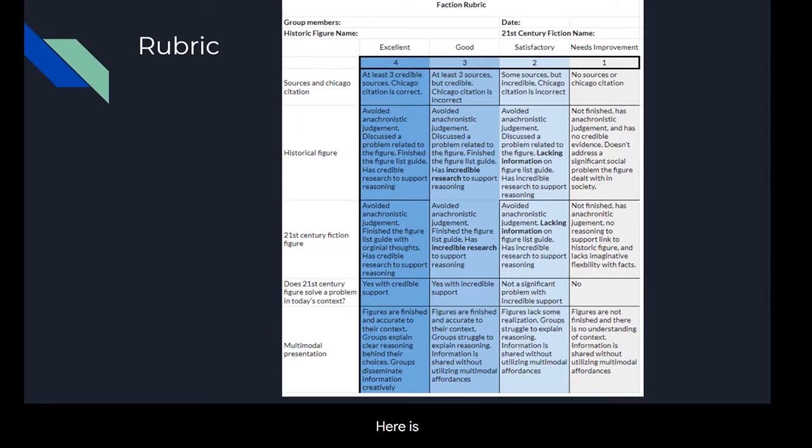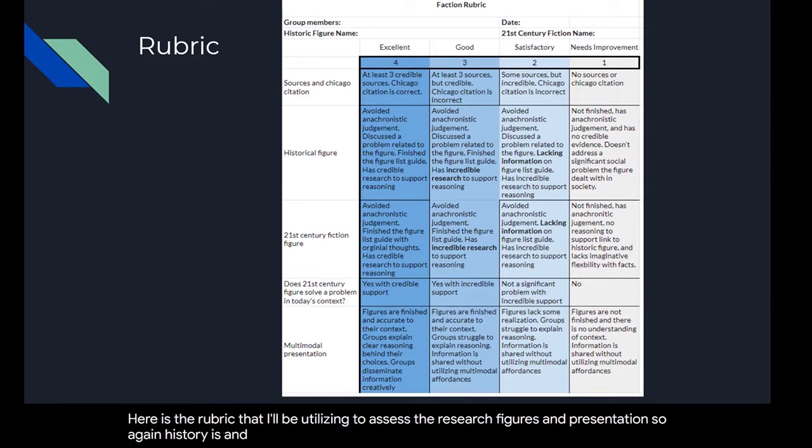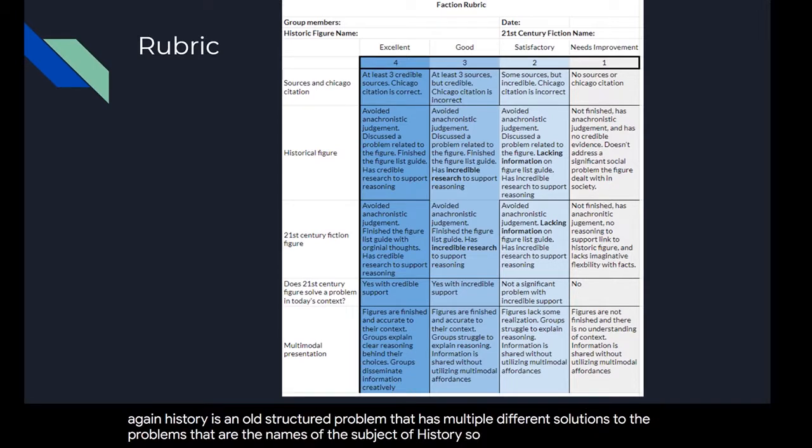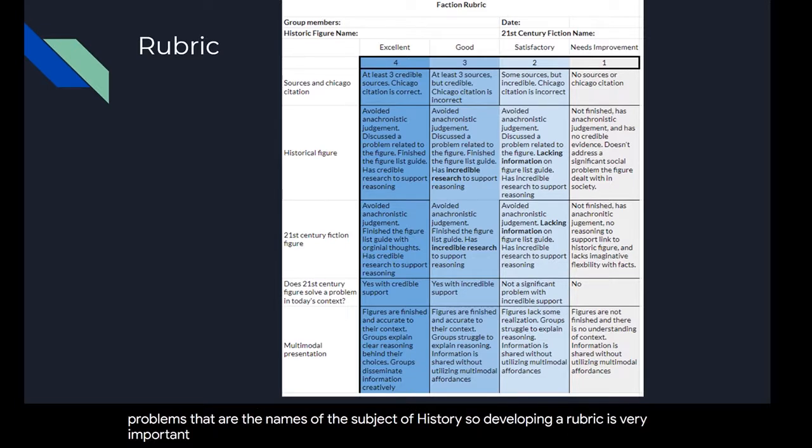Here is the rubric that I'll be utilizing to assess the research, figures, and presentation. So again, history is an ill-structured problem that has multiple different solutions to the problems that are innate to the subject of history. So developing a rubric is very important just to gauge a student's understanding.